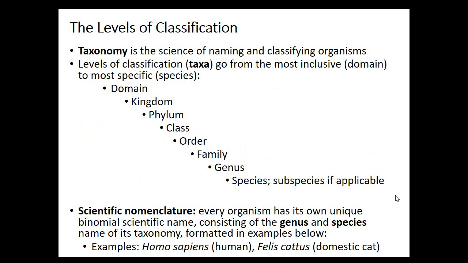Okay, taxonomy is the science of naming and classifying organisms into groups. These groups are called taxa. Singular is taxon. So these are the different taxa, or the different levels of classification in taxonomy. There's domain, kingdom, phylum, class, order, family, genus. And there are other ones even in between.